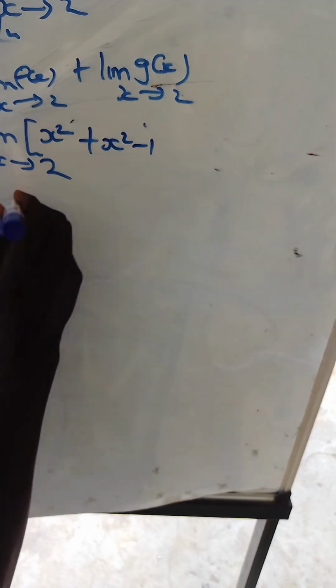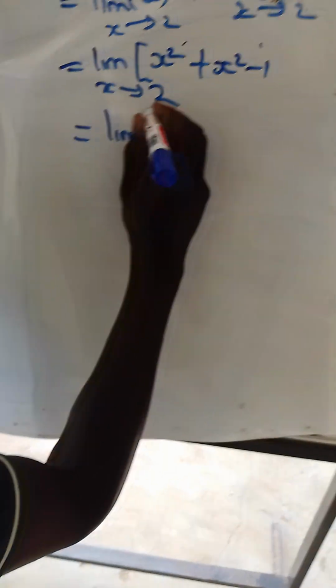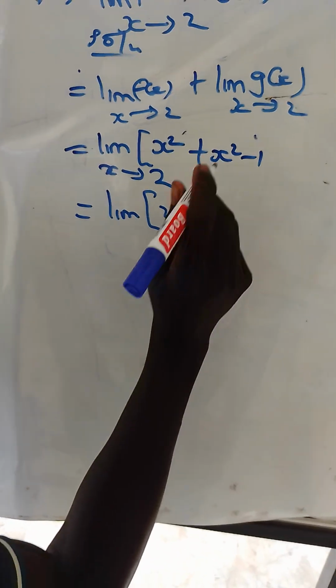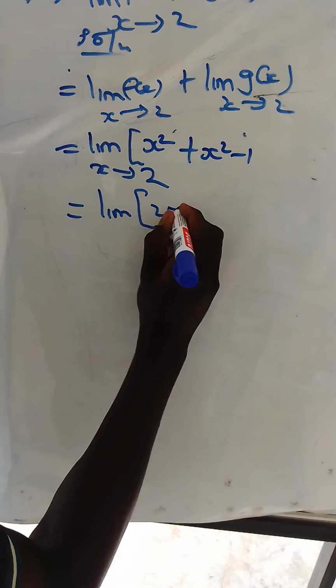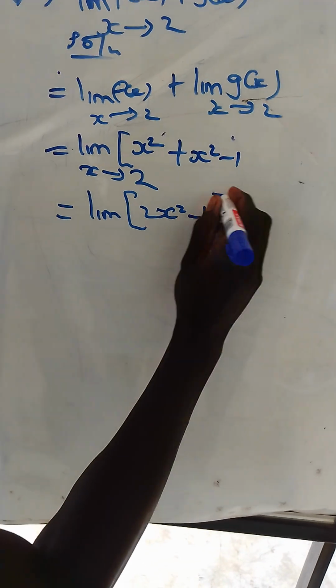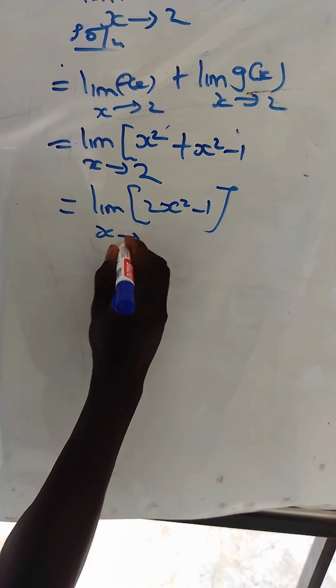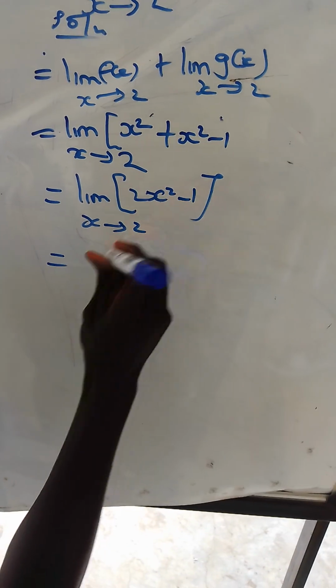Now here we shall get our limit of the function. We are collecting like terms. When we add this x squared plus this one, it is the same as 2x squared minus 1 for x tending into 2.